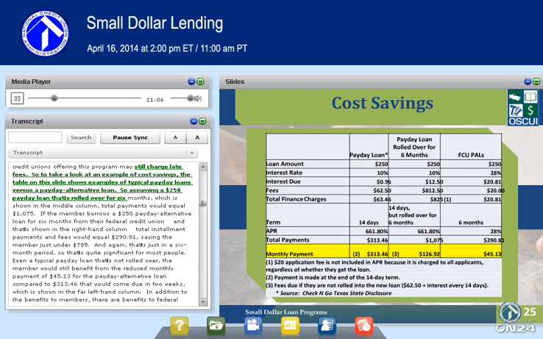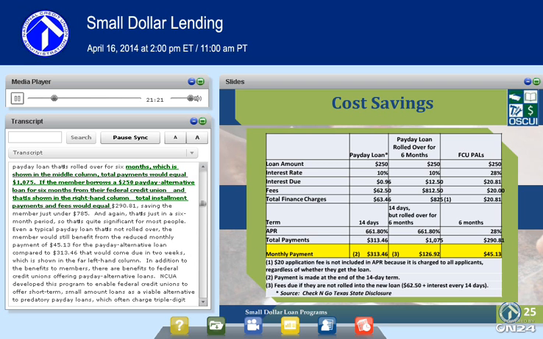So to take a look at an example of cost savings, the table on this slide shows examples of typical payday loans versus a payday alternative loan. So assuming a $250 payday loan that's rolled over for 6 months, which is shown in the middle column, total payments would equal $1,075.